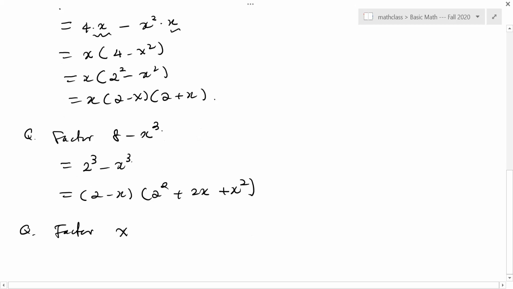Factor x squared y minus y squared x. Please do this. Alex, do you have an answer?